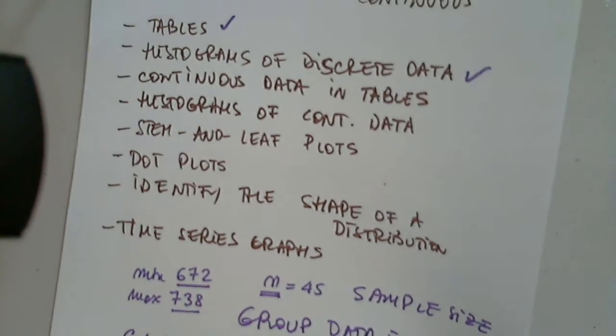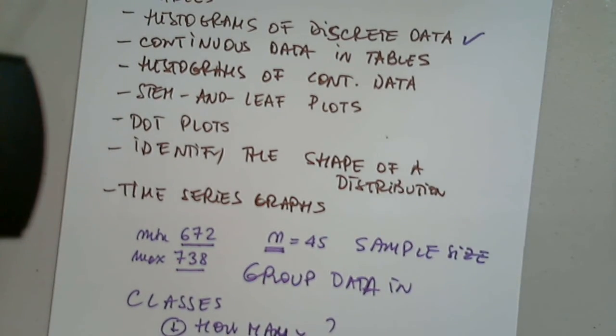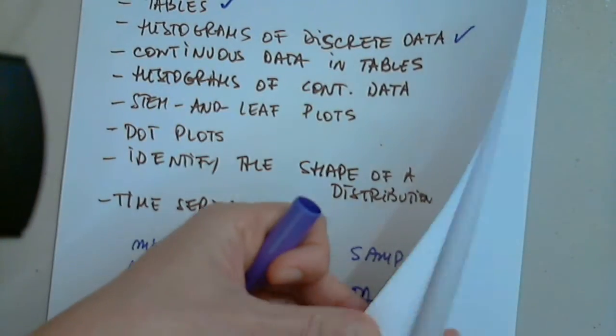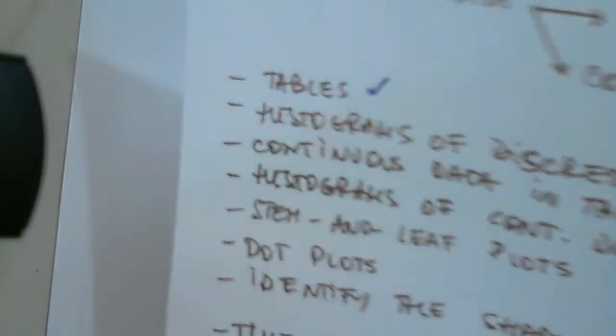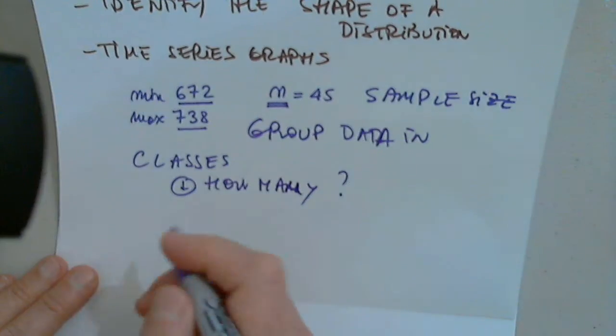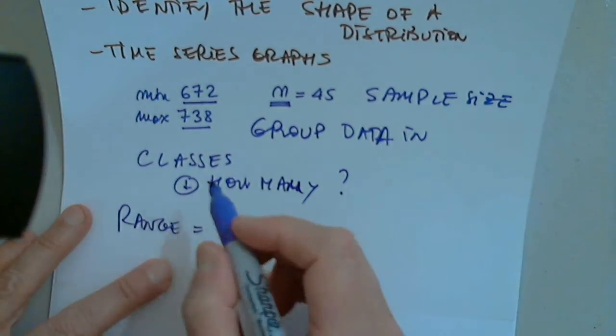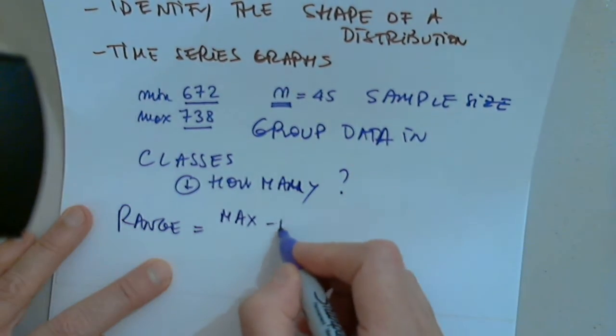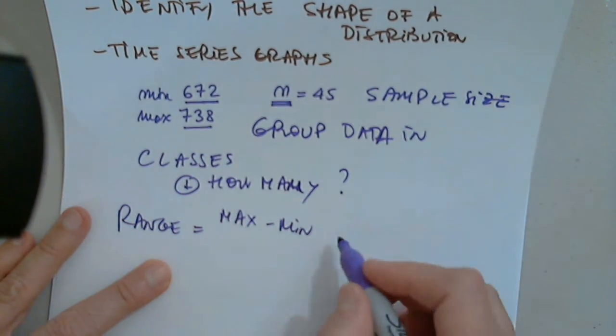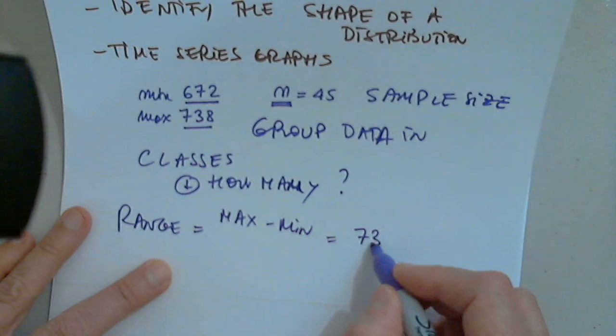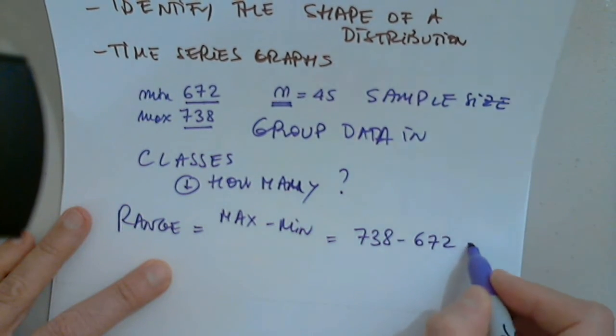Well, let's look at what is called the range of this data set. By definition, the range is the maximum minus the minimum. So that is 738 minus 672.